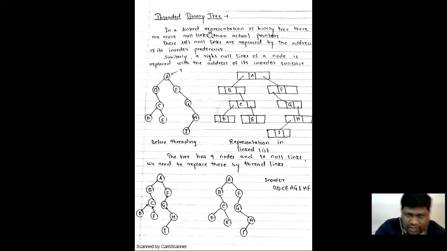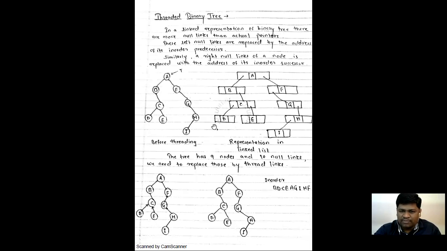Yes. So in the linked representation of a binary tree, there are more null links than actual pointers, right? Many leaf nodes are there, and every leaf node is storing the null value. So this is the left null link. Now, what changes have we made in the threaded binary tree? Suppose D is there.